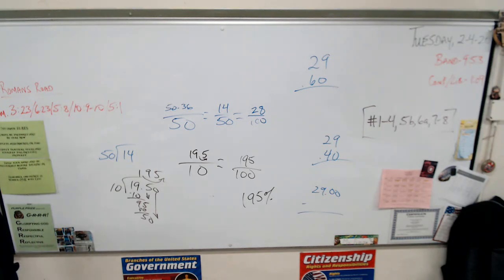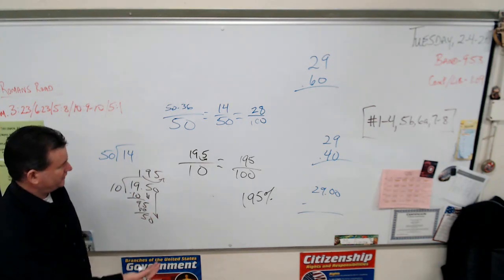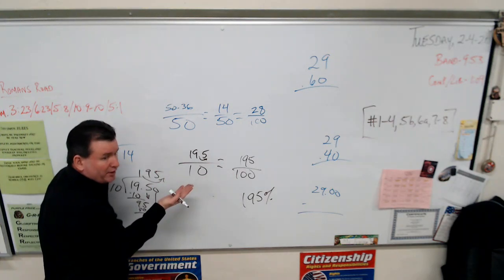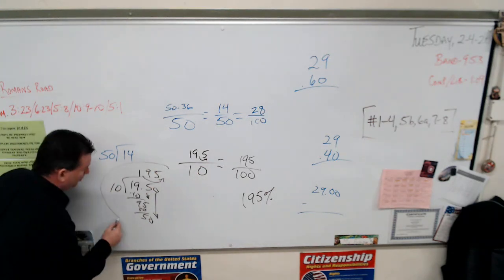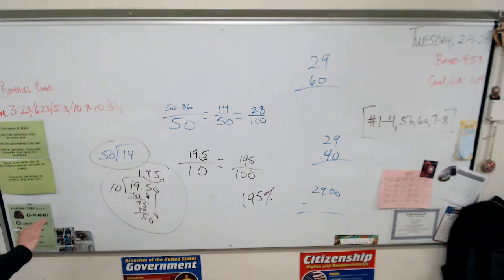But what I'm showing you is, sometimes you don't have to do this division. If you use math sense and you look at it and you go, wait, 10 times 10 is 100, just multiply it by 10. This is the way the book's always going to show you to do it, because this will always work. A fraction bar is a division sign.